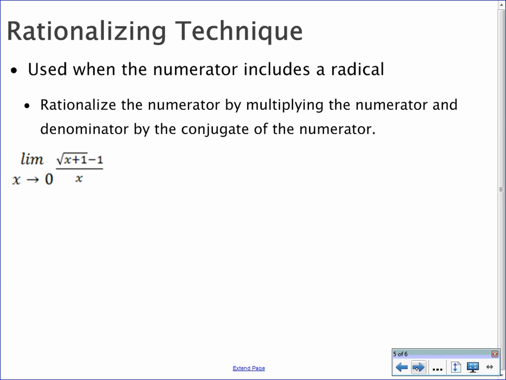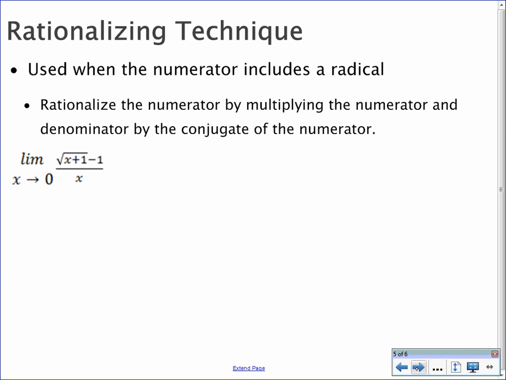When I say rationalize the denominator, what does that mean? It's not a fraction. There's no radicals. So we're going to use this technique when we have a radical getting in the way, basically.